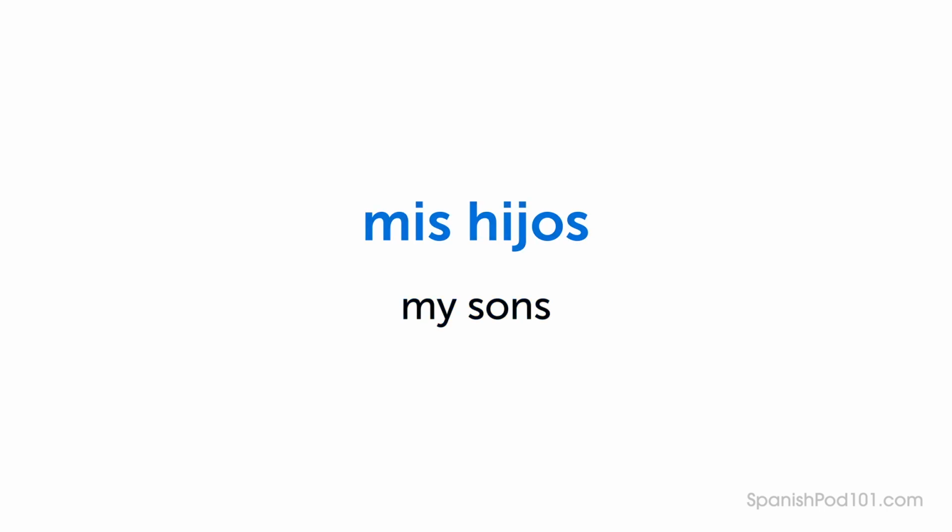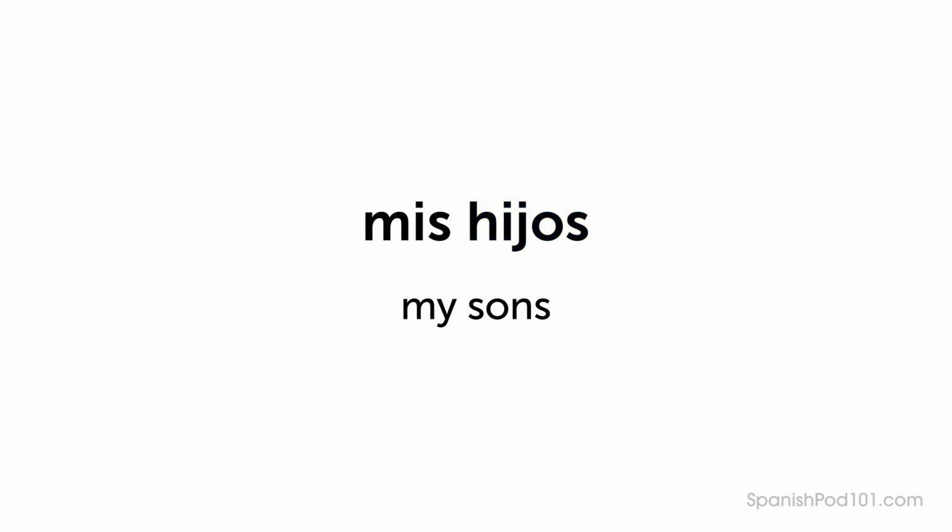Remember, in Spanish, all nouns have grammatical gender and are either singular or plural. Hijos is masculine and plural, a fact that determines the form of other words in the sentence. Hijos. Sons.